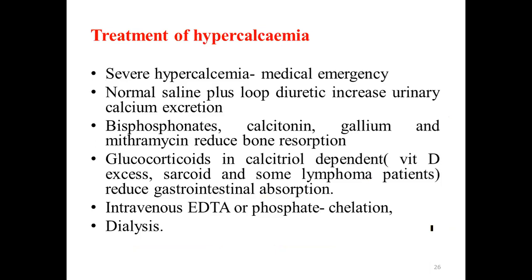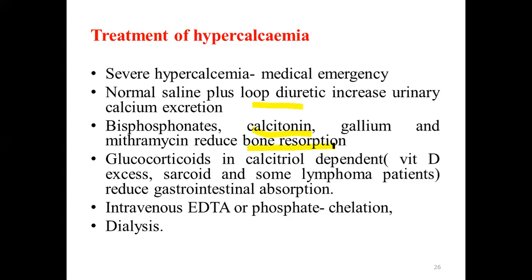Then how do we treat hypercalcemia? Severe hypercalcemia is a medical emergency, remember, because of the complications we have seen before. Normal saline plus loop diuretics can promote excretion of calcium, while bisphosphonates, calcitonin, gallium, and other medications mostly reduce bone resorption.